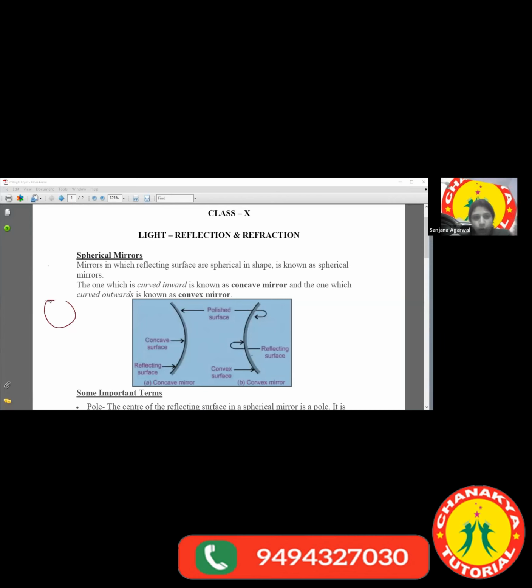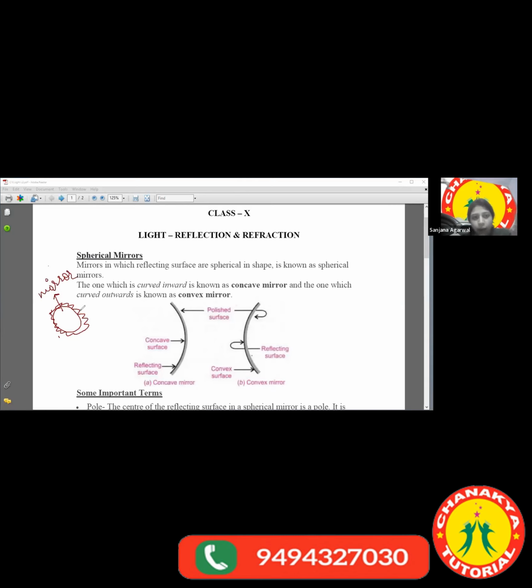We have a spherical ball. Its outer surface is all painted and the inside surface is acting as a mirror, that is the reflecting surface.